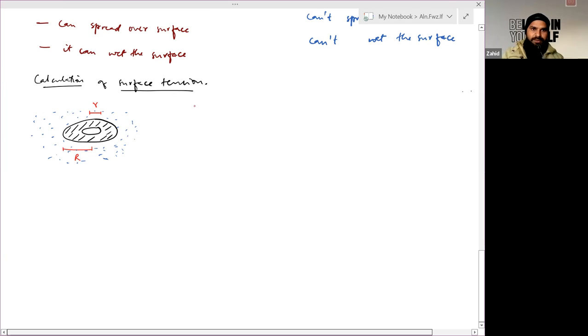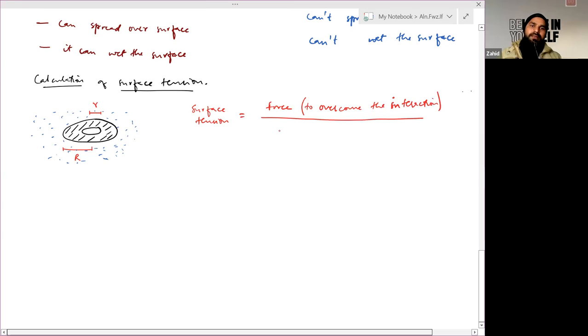So from this we can conclude surface tension equals the force to overcome the interaction divided by the length of its interacting boundary.